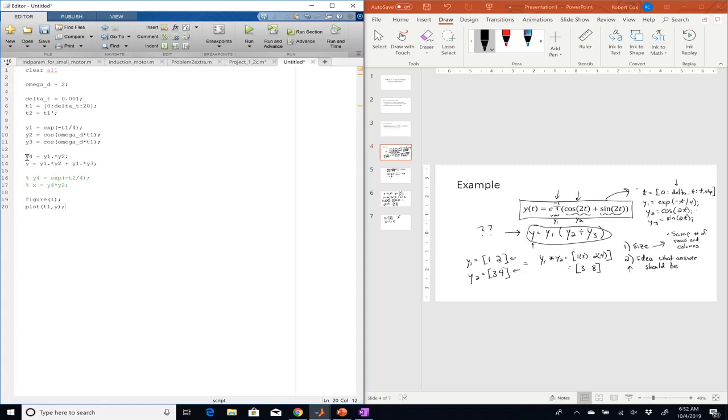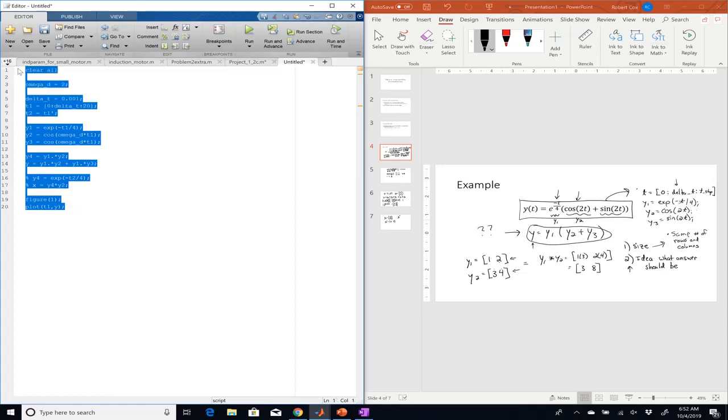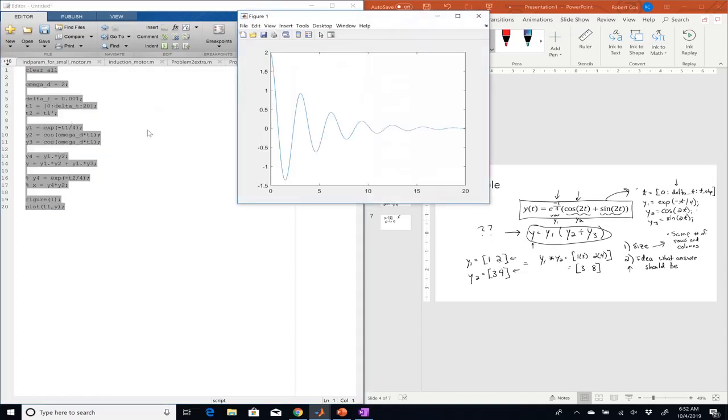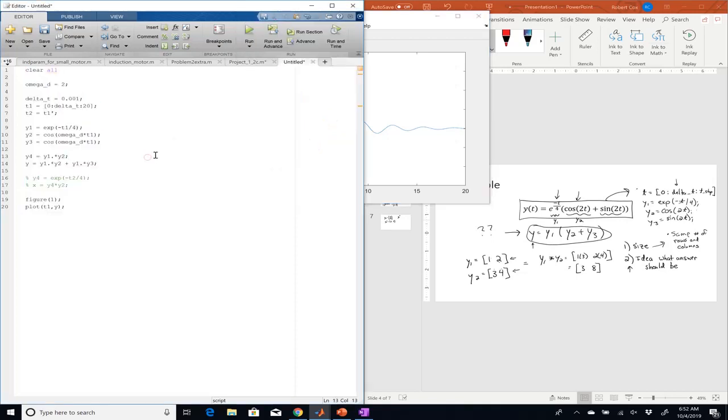All right, so let's run that whole thing. And there it is. I get something very much along the lines of what I would expect, which is a decaying sine wave. Now, let's say, for sake of argument, that those had been defined differently. Here I create T2, which is T1 transpose, T1 prime.